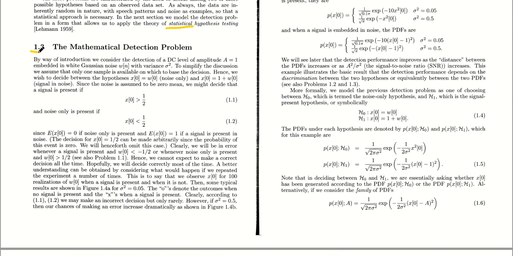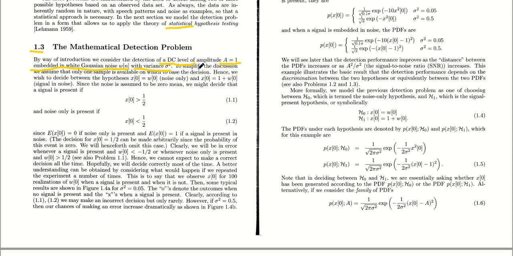Okay, so now we go to 1.3. The mathematical detection problem. By way of introduction, we consider the detection of a DC level. DC level is a very common problem. A equal to 1 embedded in white Gaussian noise w[n] with variance sigma square.